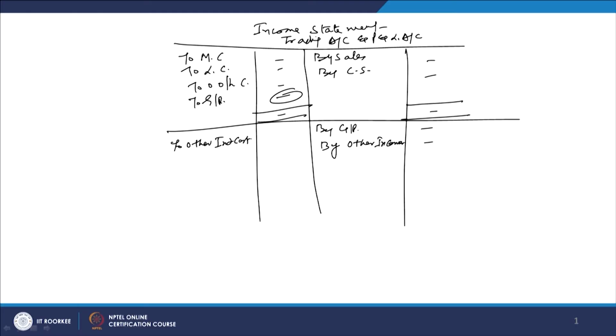We take the other indirect cost here, we subtract it, we total it up here again, and then the difference becomes the to net profit, net operating profit after tax. After adjusting for the tax and everything, you get this net operating profit after tax. This is a very summarized view of your profit and loss account or the income statement, right.